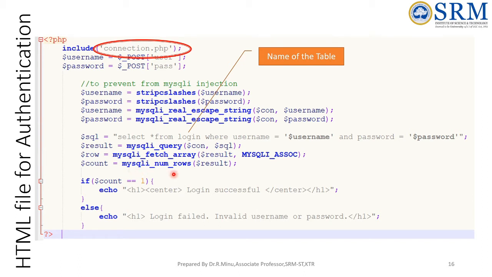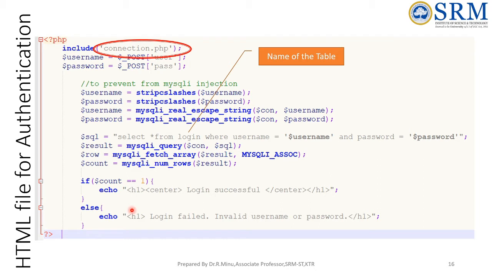So if the MySQL number of rows in the result is one count, that is, for that username you retrieve one matching output, it says that login is successful. If you are not returning any value, that is, there is no such user, the count will be 0, and then it will say that login failed because of invalid username and password.